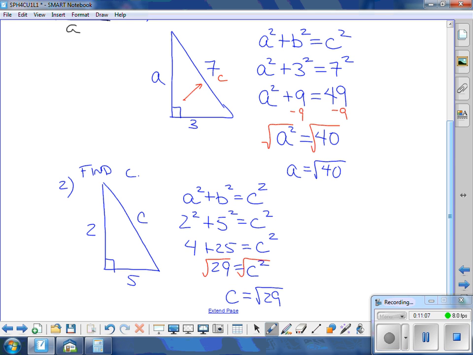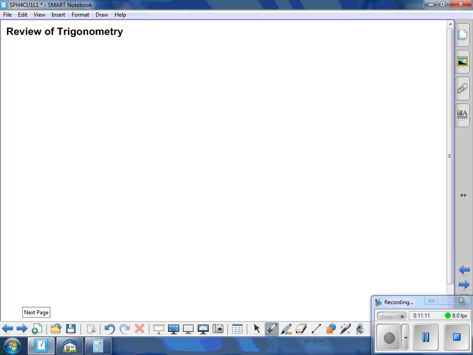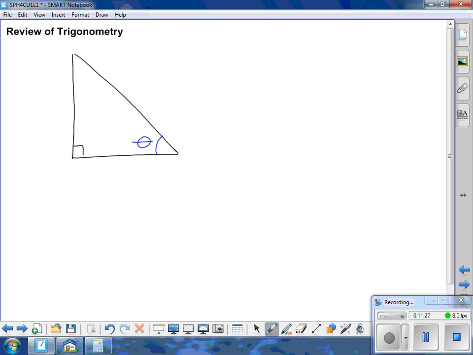So there's Pythagorean theorem. Nothing changes from the grade 10 math. Review of trigonometry. Remember that with a right angle triangle, it is important to label the sides appropriately. If this is my angle of interest, which I'll call the angle theta, we need to label each side appropriately.